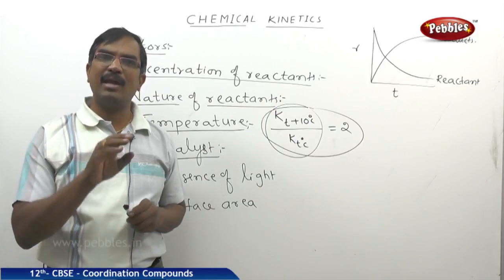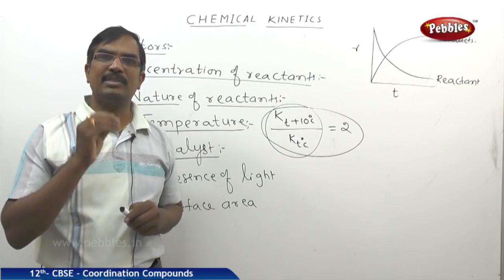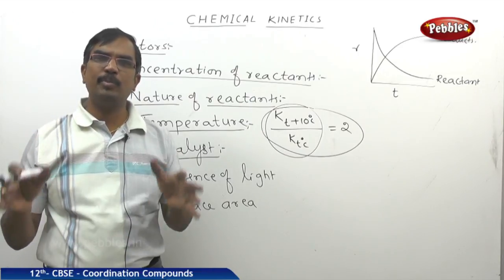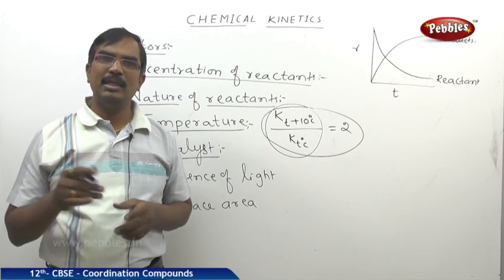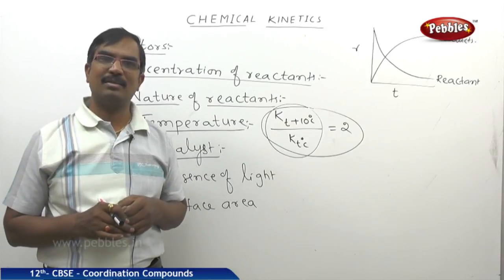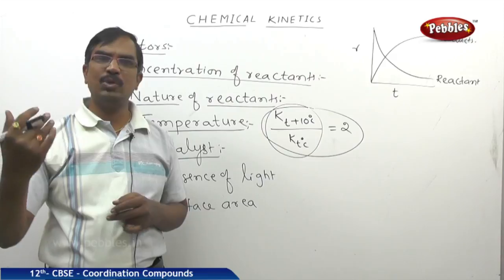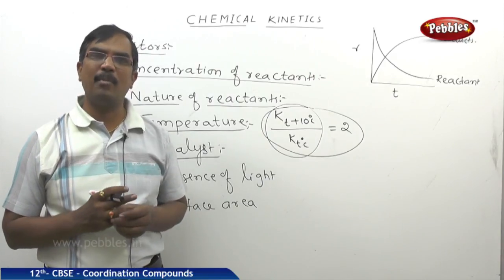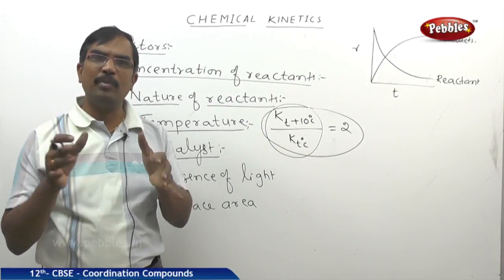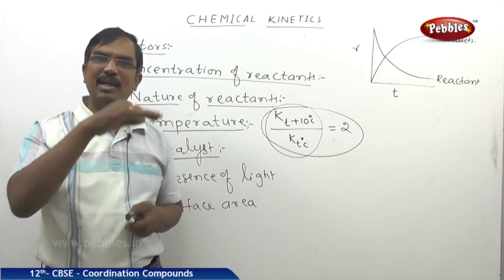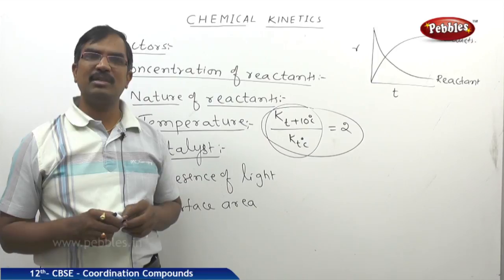Anyway, I told you about the negative catalyst also. For example, take hydrogen peroxide. Hydrogen peroxide should be stored in plastic bottles which are specially coated, or otherwise we can store it in wax coated bottles. While storing hydrogen peroxide, we use certain ingredients like urea and acetanilide, which prevent the decomposition of hydrogen peroxide.